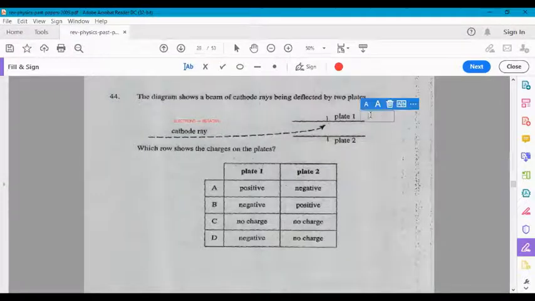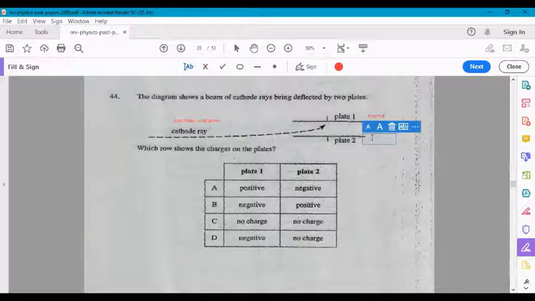So plate 1 must be positive if the electrons are attracted to it, because they will repel similarly charged objects. So plate 2 is negative. The electrons are going away from plate 2 and toward plate 1. Okay, so plate 1 is positive, plate 2 is negative. The answer is A.